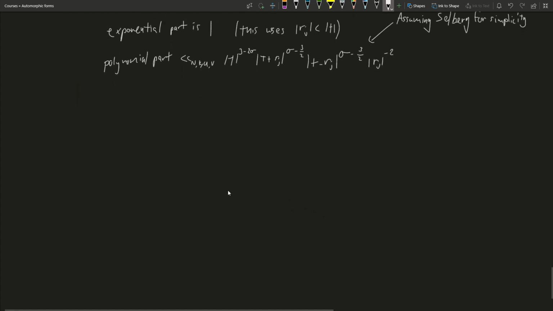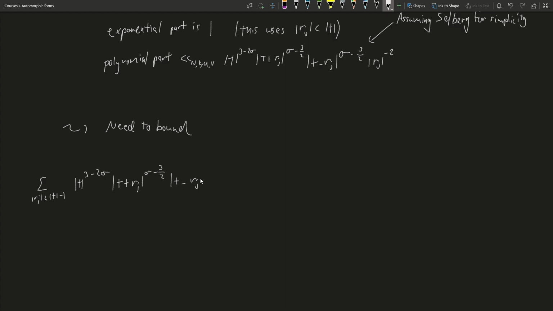So what we need to do is, this means that we need to bound the sum for Rj less than t minus 1, but you could use t, that's the same, and then it's going to be this polynomial part, so t to the 3 minus 2 sigma, t plus Rj to the sigma minus 3/2, t minus Rj to the sigma minus 3/2, Rj to the minus 2.